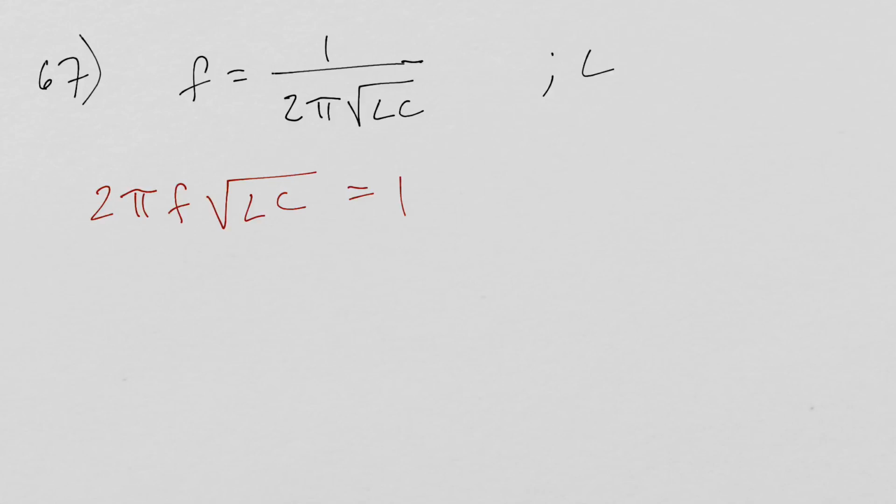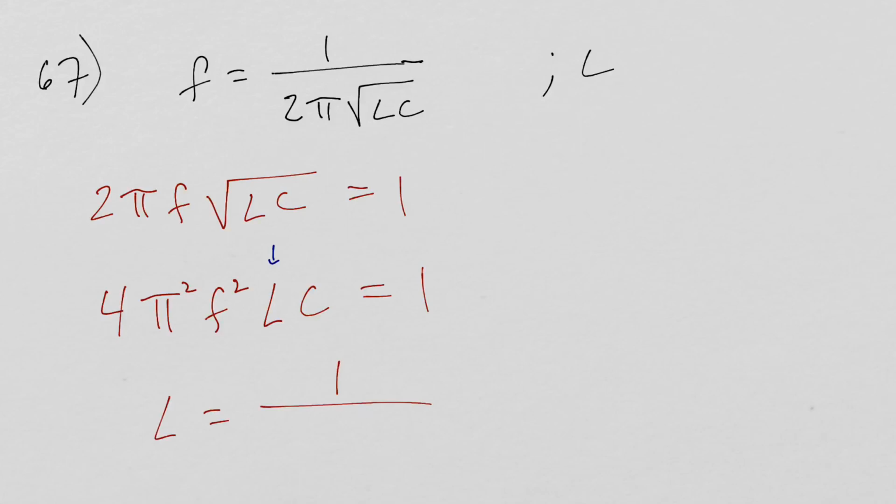So I'll have 4 pi squared f squared LC is equal to 1 squared, which is 1. And finally, I want to solve for L, so I'm going to divide everything else away. So L will be equal to 1 over 4 pi squared f squared c. And that's all you can do.